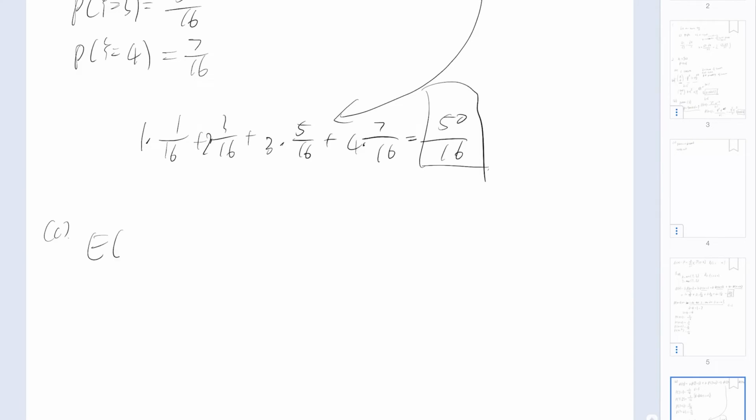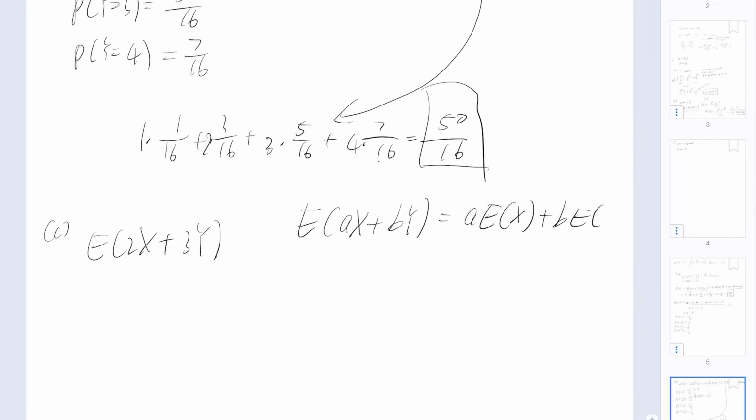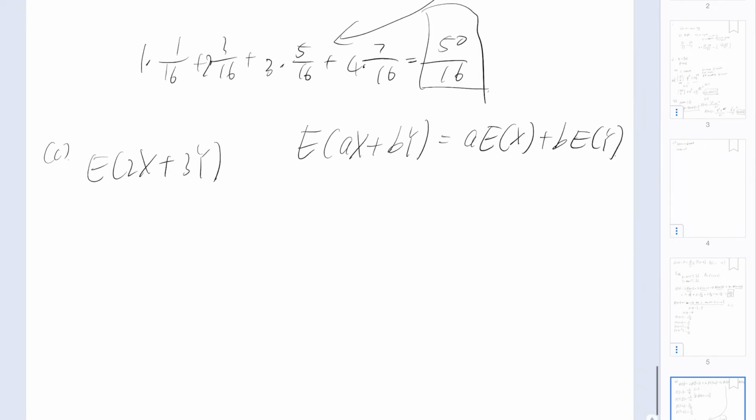And for part C, we want to calculate the expected value of 2x plus 3y. Remember that the expectation follows the linear transformation. So that means the expectation of ax plus by equals a times the expectation of x plus b times the expectation of y.